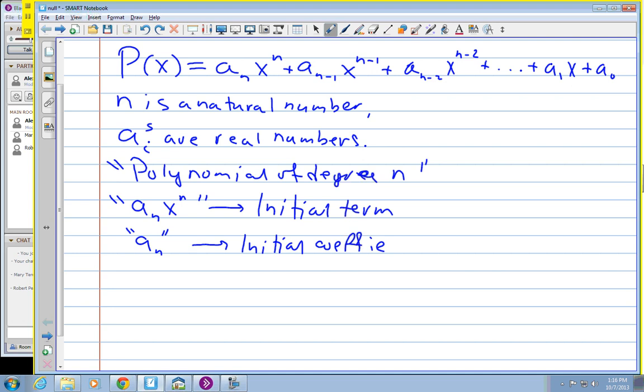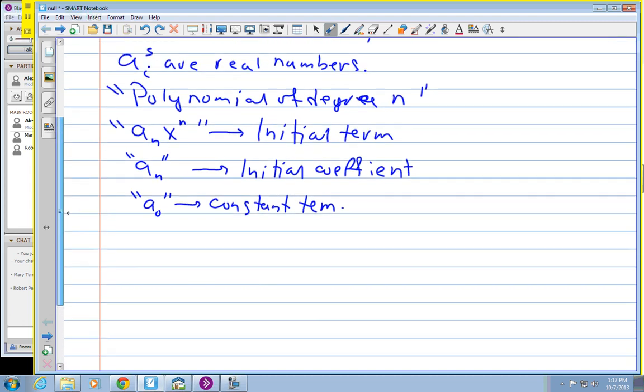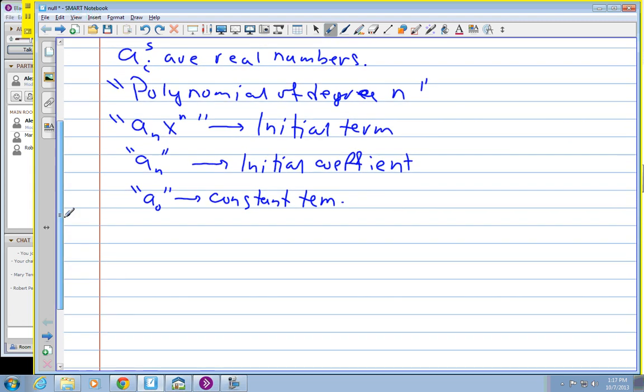So initial coefficient. And that last number in the end, the one that does not have an x, the a sub 0, is called the constant term. So this is just verbiage, just a bunch of little definitions.